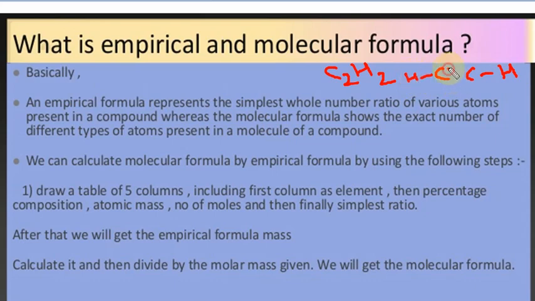How many bonds there will be? 3. So it is ethyne. Okay, so it is C2H2. Now the empirical formula represent the simple number ratio of various atom present in a compound.